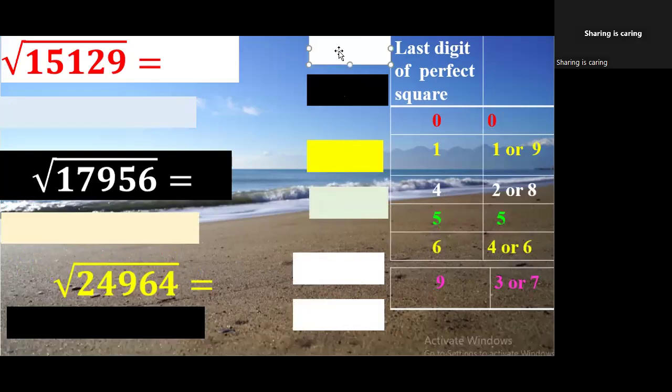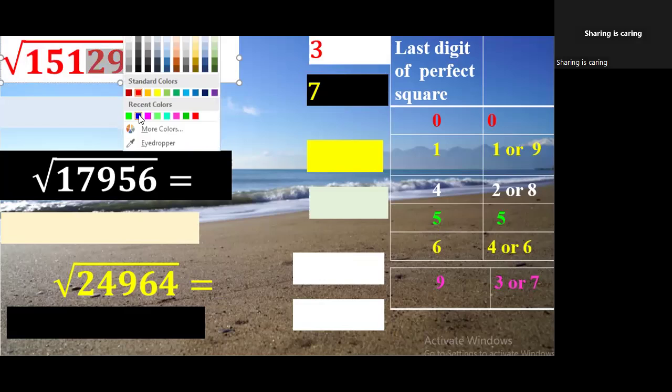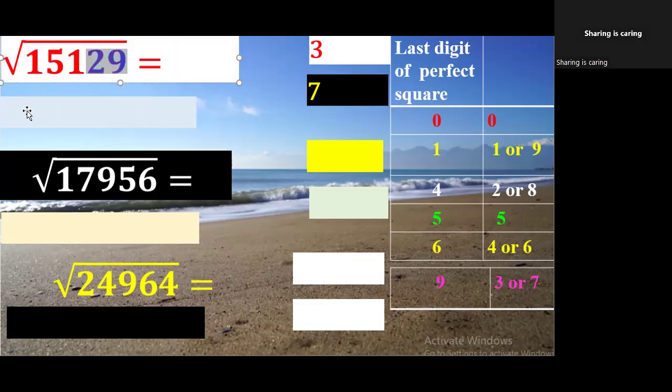We have 15,129. So let's do it first, 3 and 7, because 3 times 3 is 9, as we did before. Now, the next step will be what? I don't need these 2 digits now. Okay, let's make it color now, so you can identify easily. Then, a perfect square which is closest to 151 but less than 151.